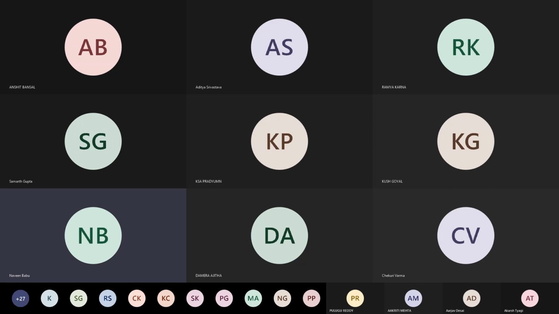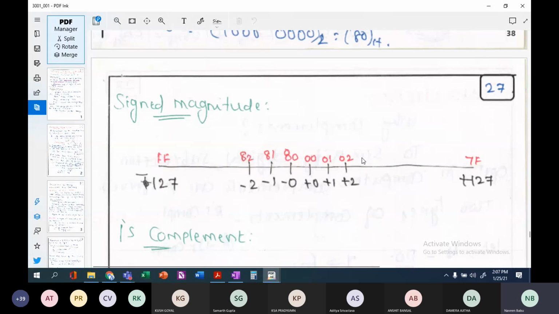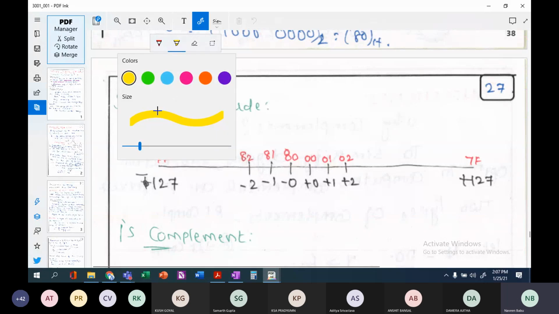So in the last class, if you remember, we started off with signed magnitude representation, or the signed way of representing the numbers. That is, how do you represent negative numbers? So that is our basic objective. There are three different ways of representing the negative numbers here.